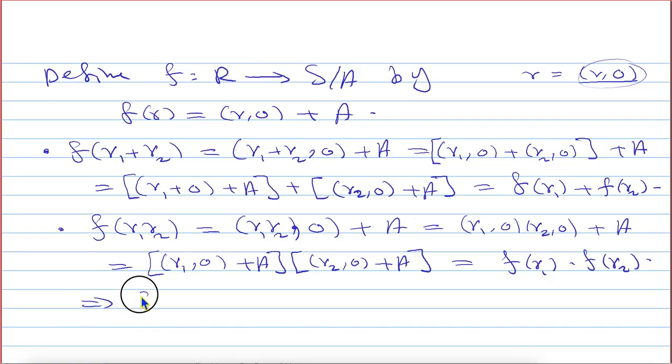So this implies that F is a homomorphism.